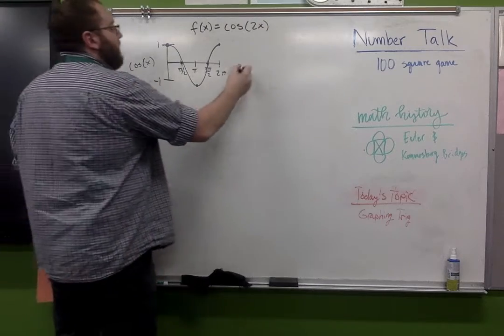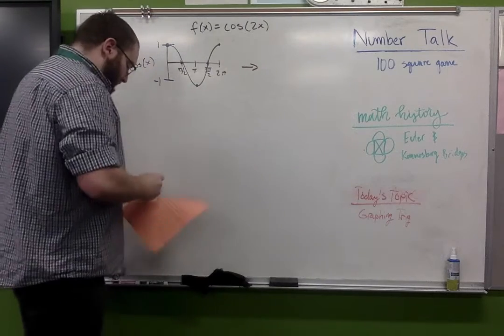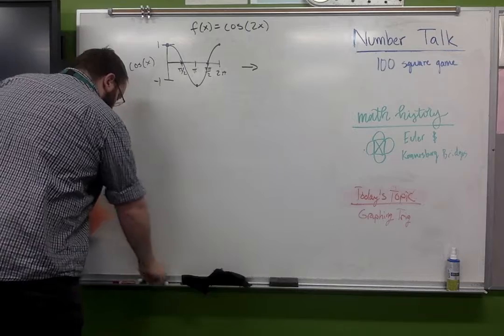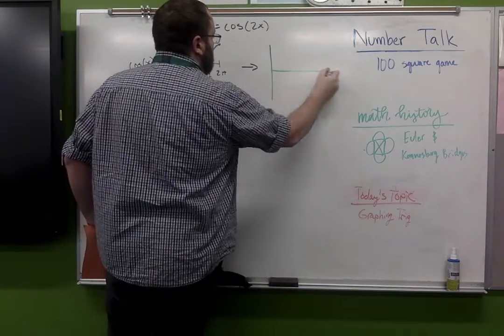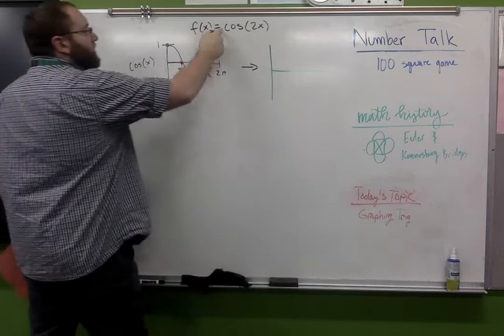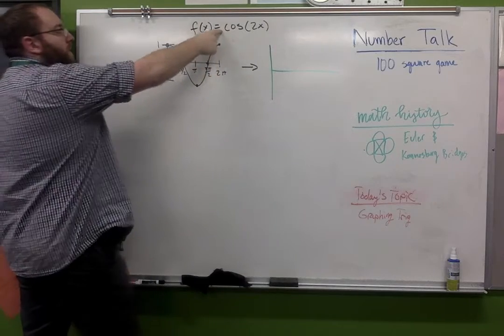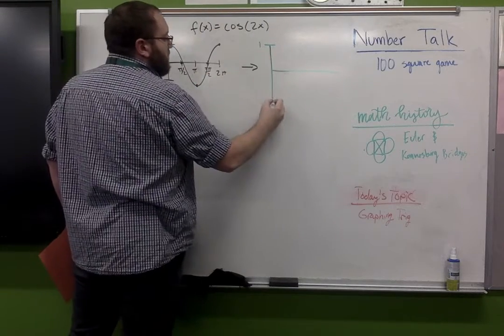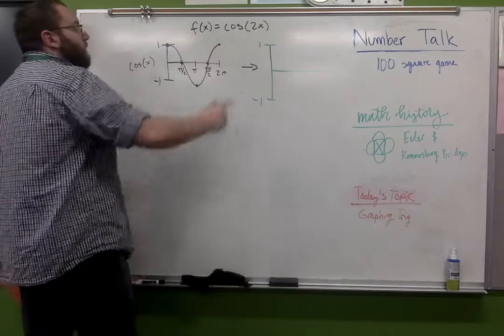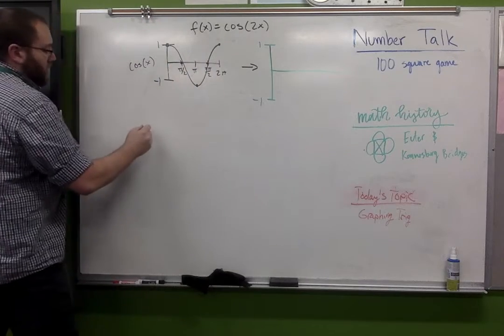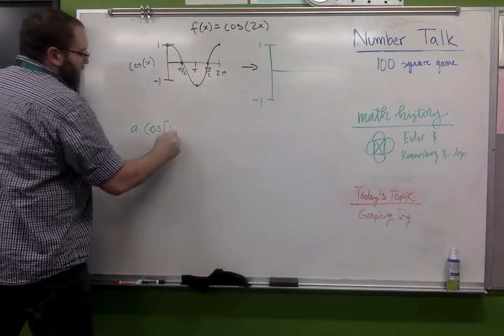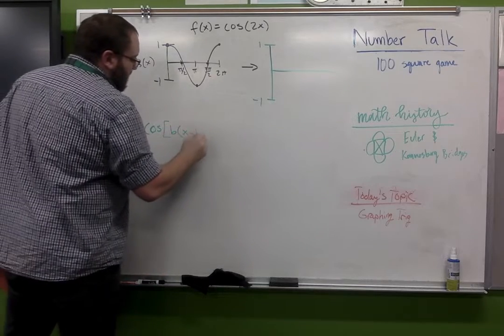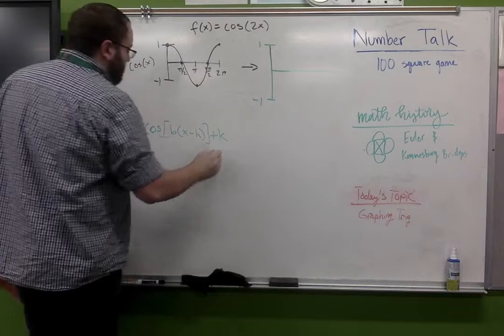Okay, now we're going to graph cosine of 2x. The amplitude is still 1, right? There's no number in front. The amplitude is still 1, so that doesn't change. But now we have cosine of 2x. Remember our generic equation, a times cosine of b times x minus h plus k.